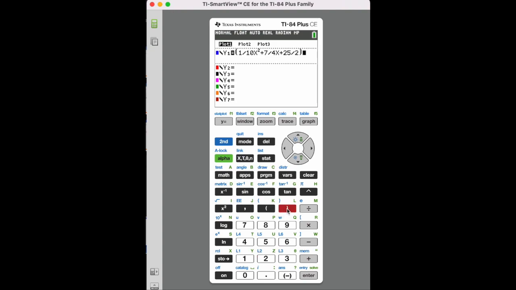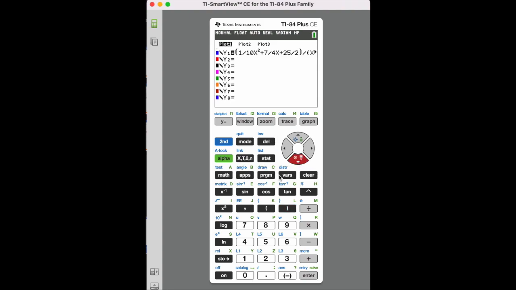I'm going to close parentheses, and then I'm going to tell the calculator I want this on the interval when x is less than negative 10. And then close parentheses. That's the first piece.